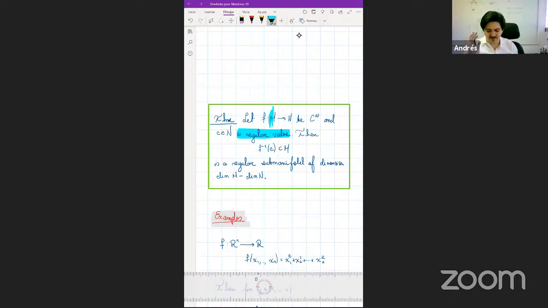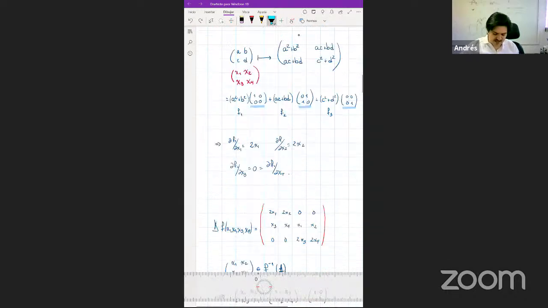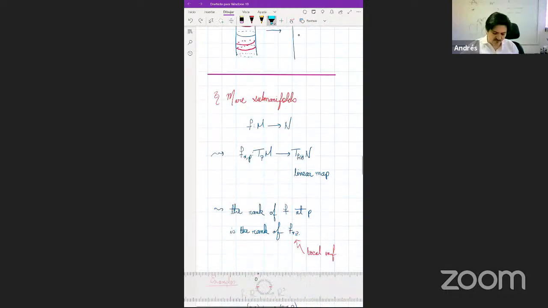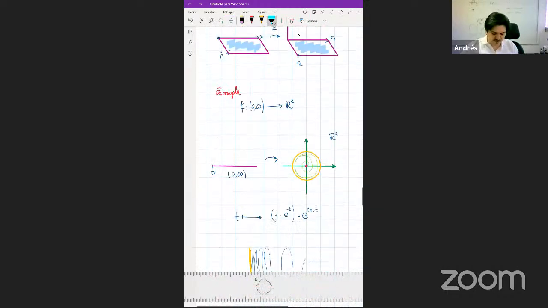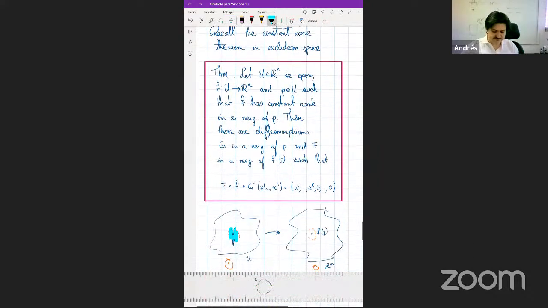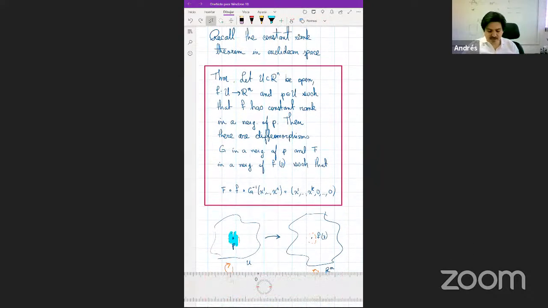It has to be all. So here, I'm relaxing that condition for constant rank in the neighborhood of the point. And that's the only condition that I need. Okay?